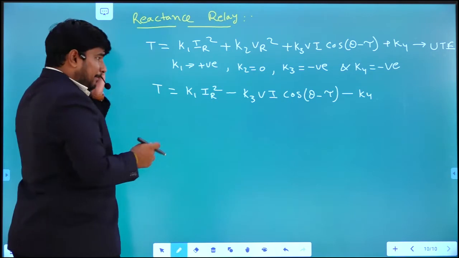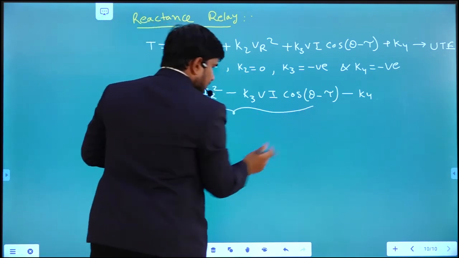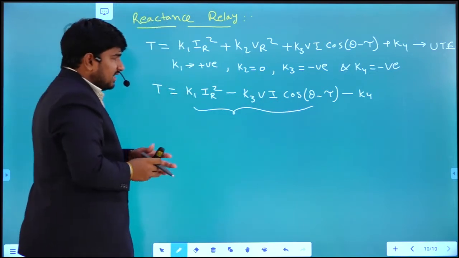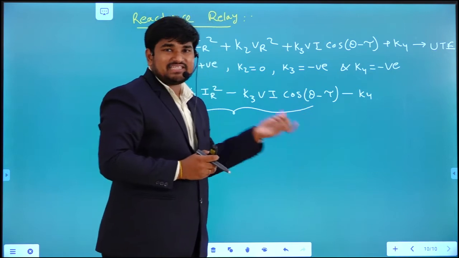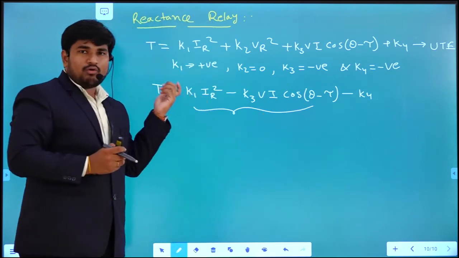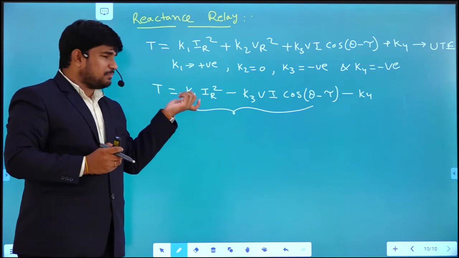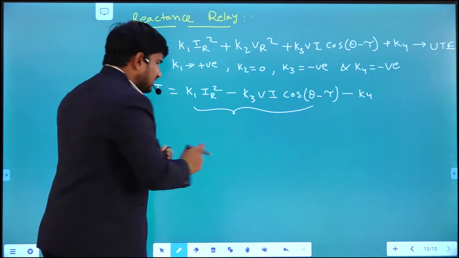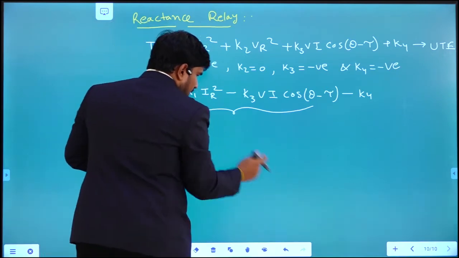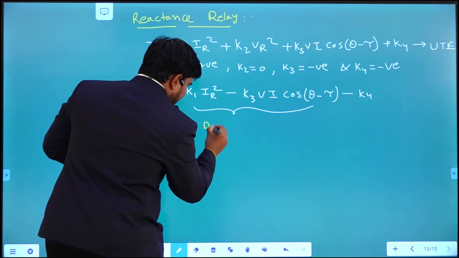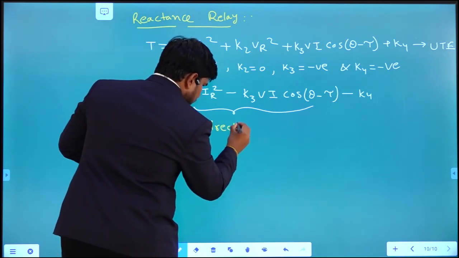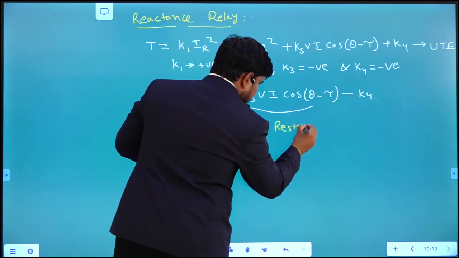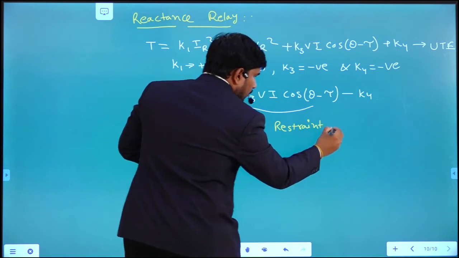So combinedly I can call it a directional restraint over current relay, because the directional quantity is producing the restraining quantity and the over current is producing the operating quantity.